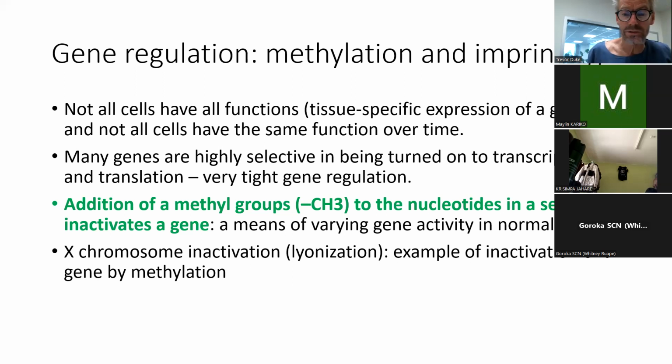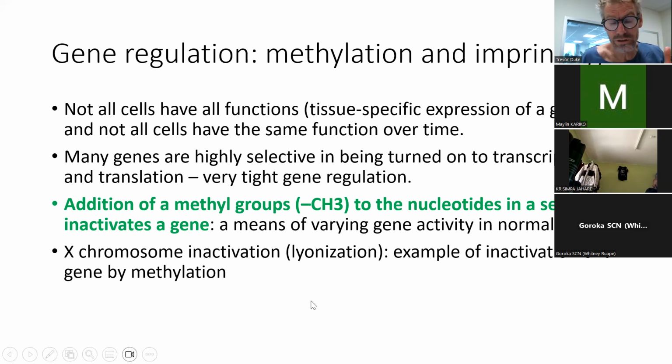But there are other ways in which genes can be up or down regulated, and that's called methylation. When you add a methyl group to a nucleotide in a sequence, that inactivates the gene. I don't want to talk too much about that, except to say that our genes are normally activated and inactivated, but also they can be abnormally activated and inactivated.